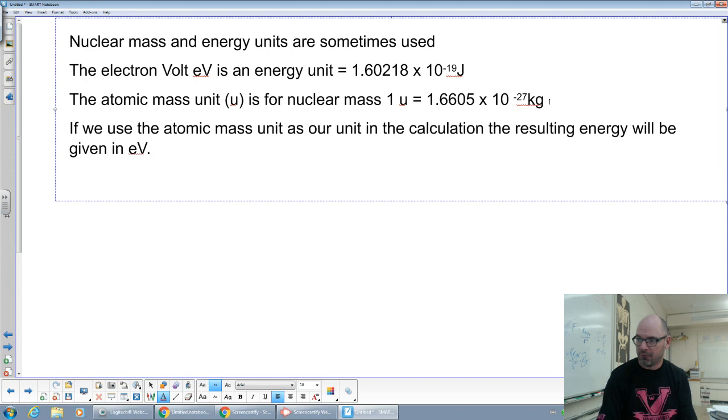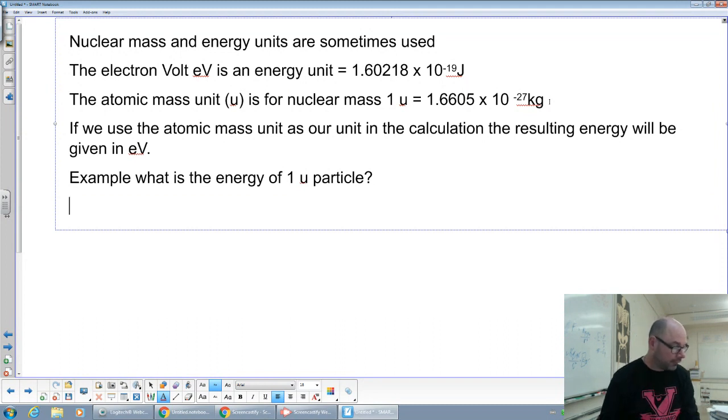Let's just do a simple example with E equals mc squared. What is the energy of a 1 u particle?